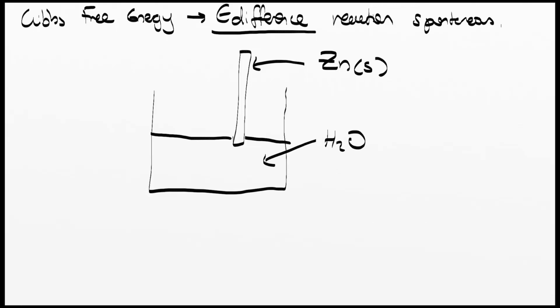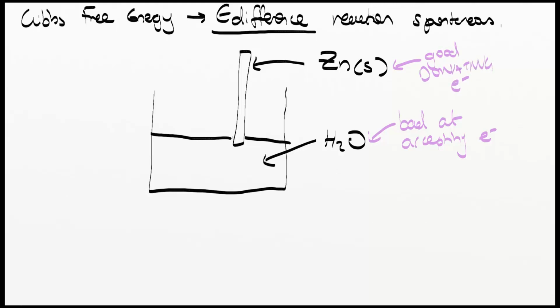And just for our information, we can remember that water is going to be relatively bad at accepting electrons, and zinc metal is going to be relatively good at donating electrons.